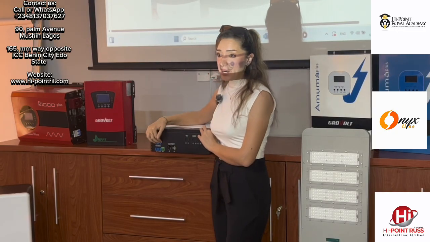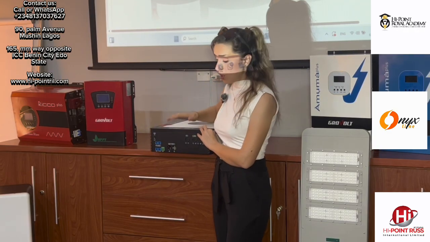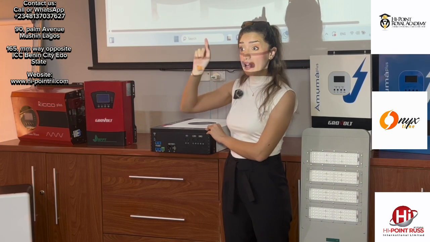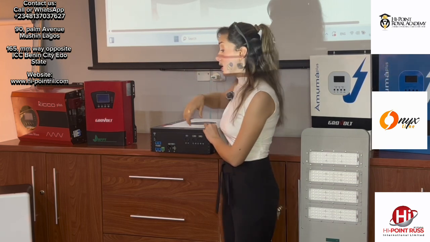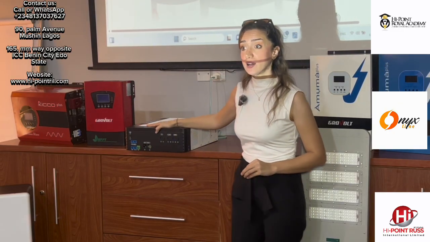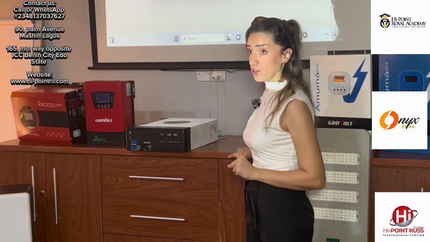Here we have parallel, 2 parallel cables. Each inverter comes with a cable for parallel and the small RG. Let's consider this the first inverter, and I have an inverter here also.